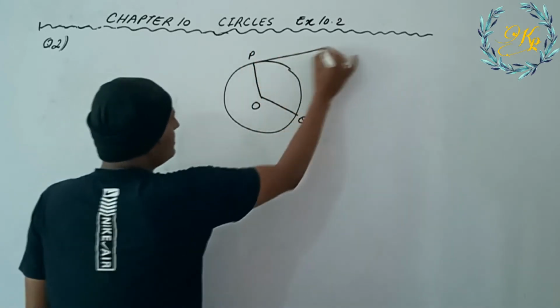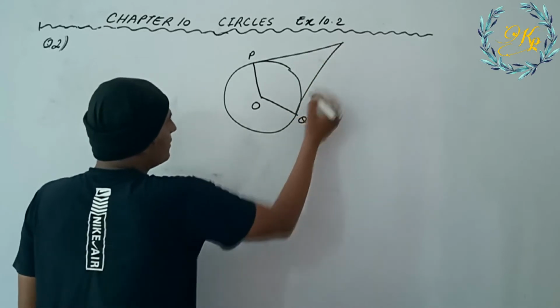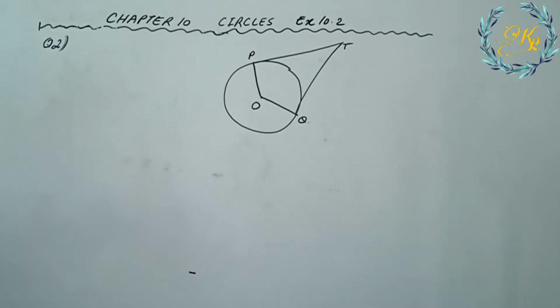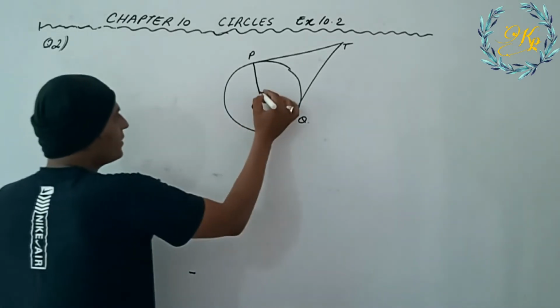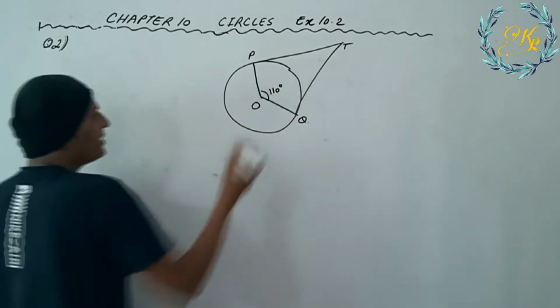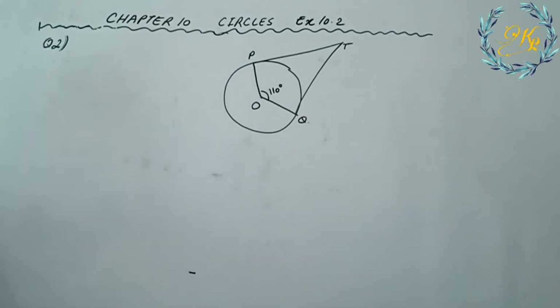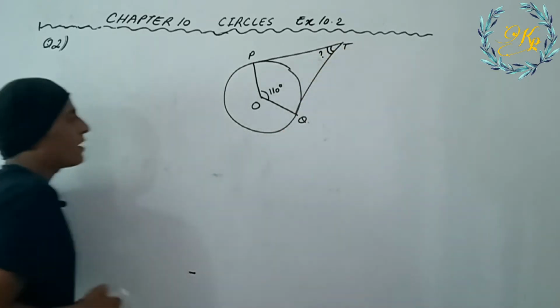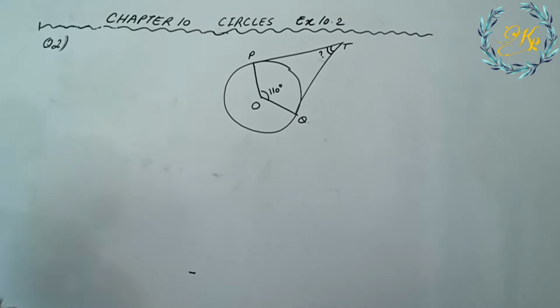When you extend this, you get two tangents joining at point T, which lies outside the circle. We are also given that one of the angles is 110 degrees and we are supposed to find angle PTQ. It means we are supposed to find this angle. Now we know that this particular quadrilateral is a four-sided figure.